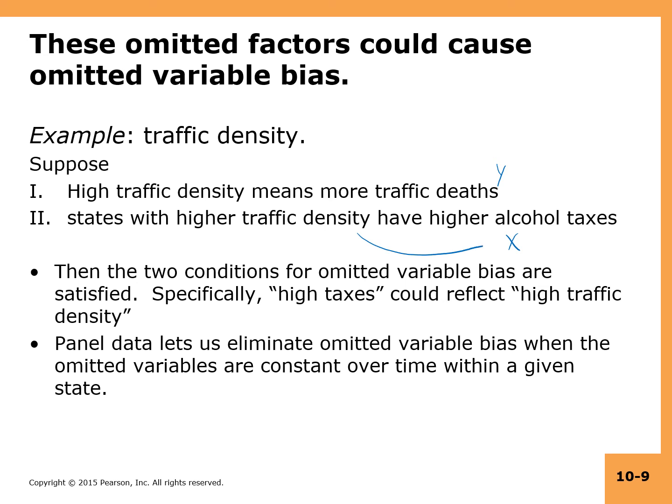We can think of states like New York where there are a lot of cars on the road, but the state also has higher alcohol taxes compared to other states. So because of these two conditions of omitted variable bias, we can say that traffic density has been omitted from the regression. A panel data set actually allows us to control for this omitted variable as long as this omitted variable doesn't change over time. And we'll discuss this more in the next lecture.